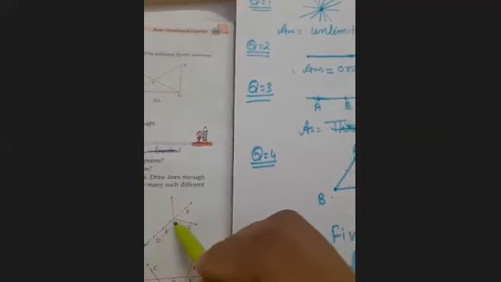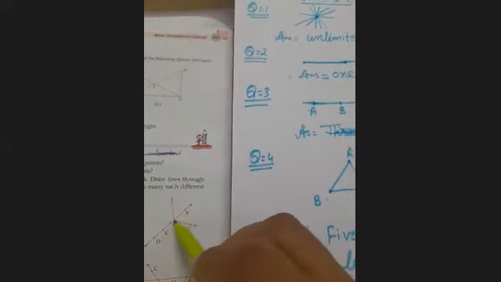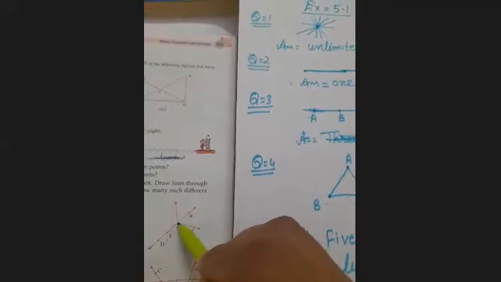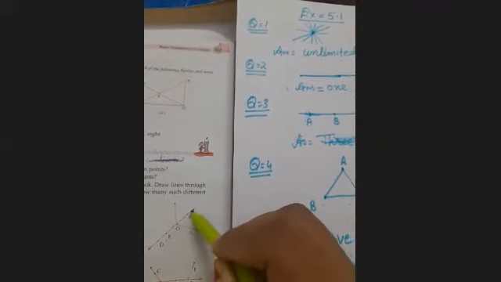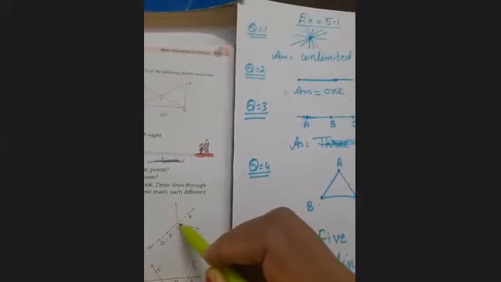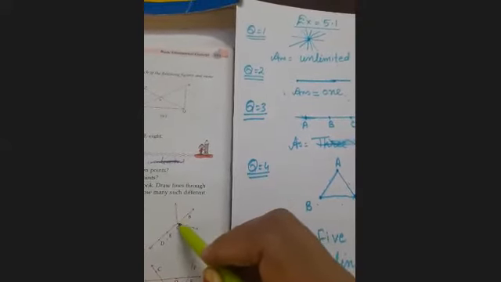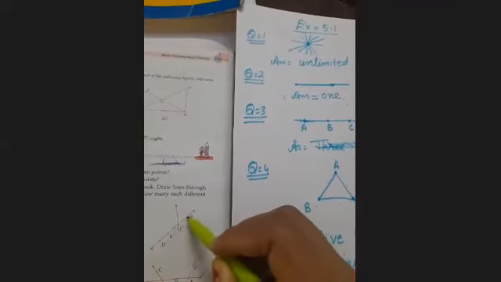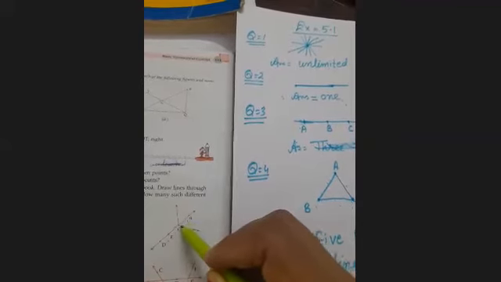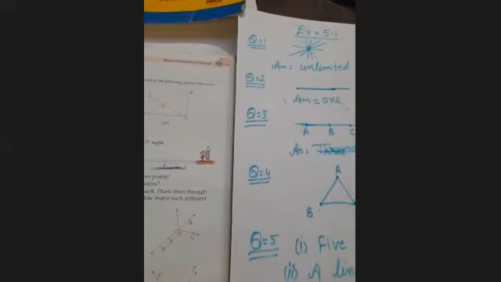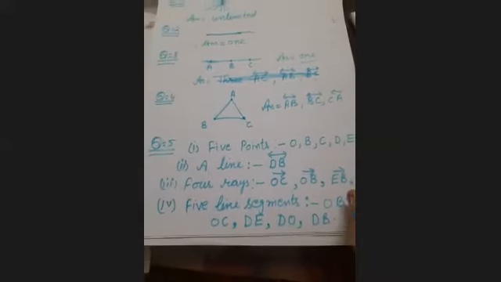But when we consider OB as a ray, its initial point is point O, and we can extend this ray beyond point B. When we consider OB as a line segment, it means the length between O and B, only this line. In a line segment, we can't extend it beyond point B. Clear, students? So this is the 5th question, 4th part.